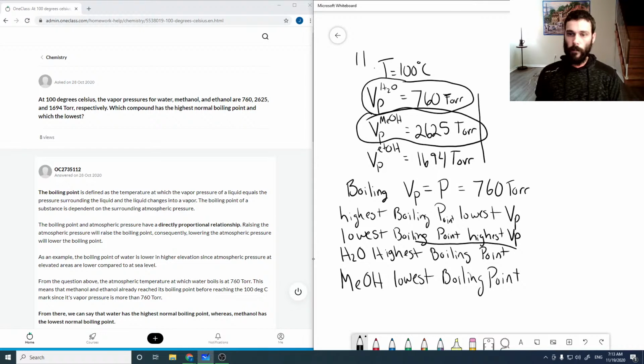Right. So that's, again, just assuming that the vapor pressure just follows a functional form and there's no kind of swapping in between.